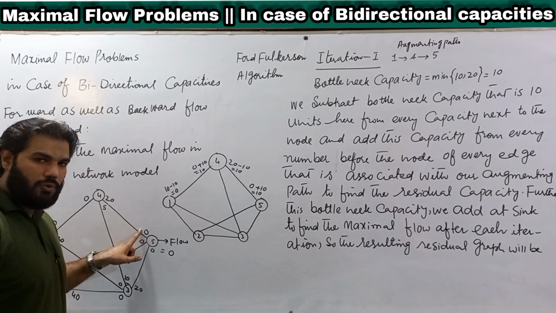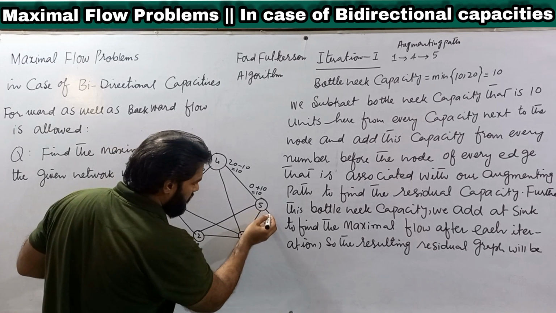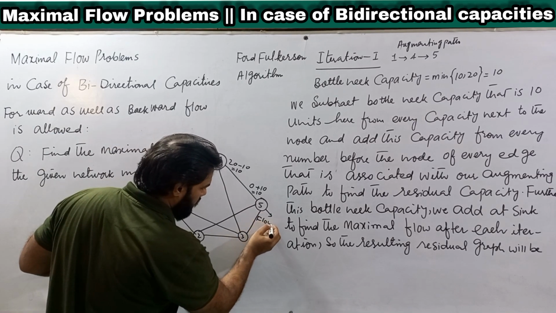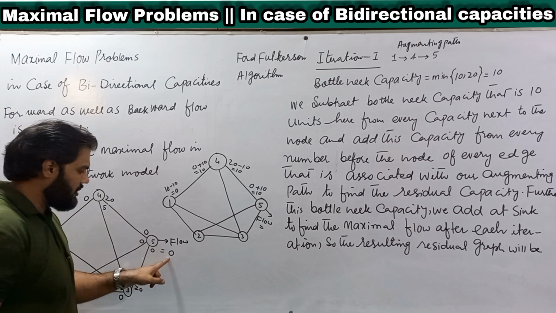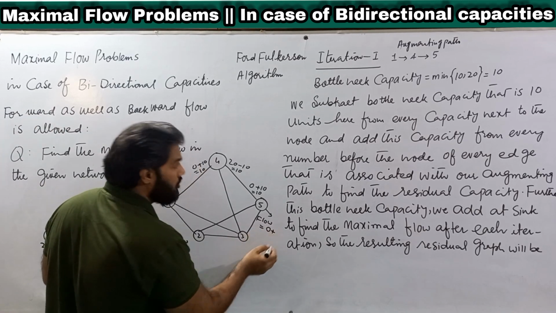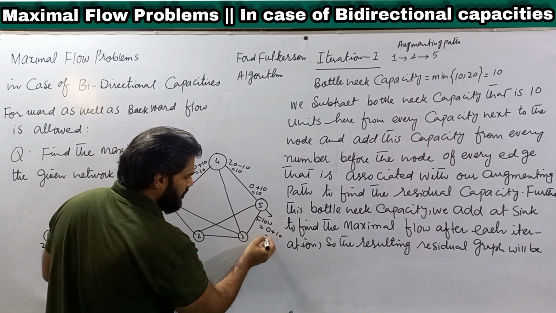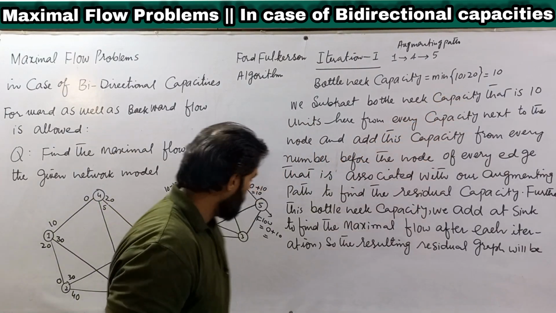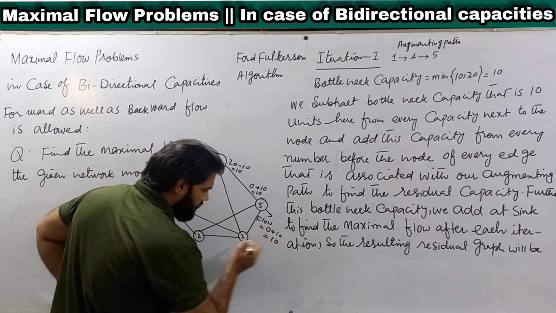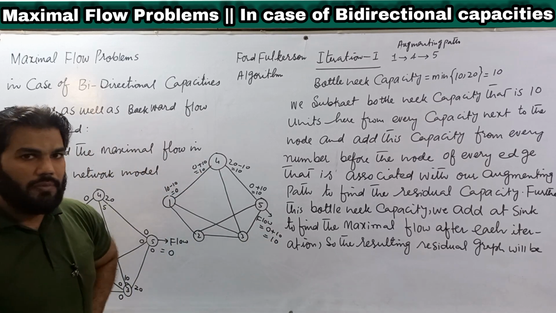Now the maximal flow after the first iteration: at the initial stage the flow was 0, now 0 plus 10, the bottleneck capacity, will become 10, and the remaining figure will be the same.